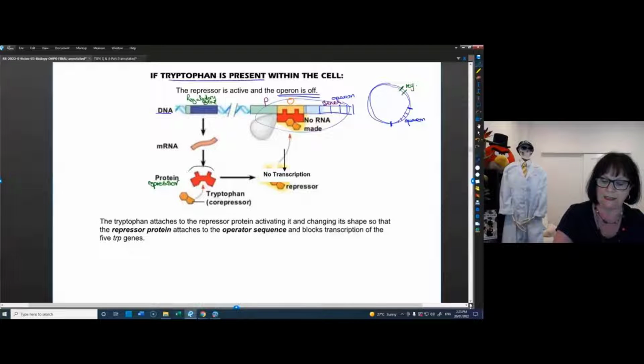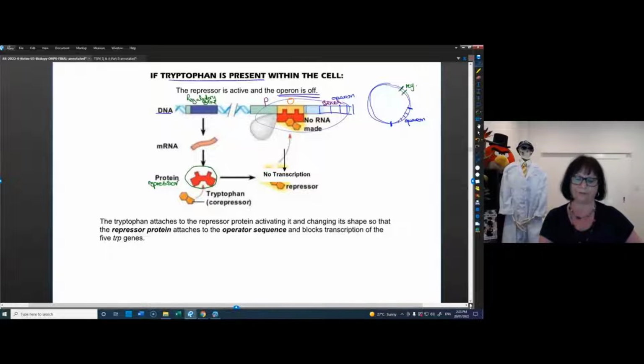So this is the repressor protein. Notice it has a shape. All proteins have shape. Notice the shape here does not match the operator region. It's sort of got its little sticks, not quite matching.